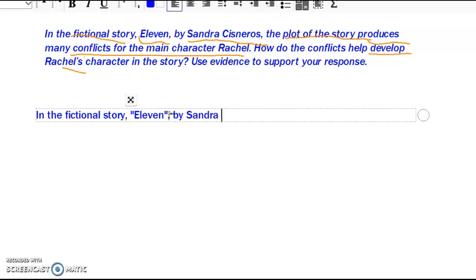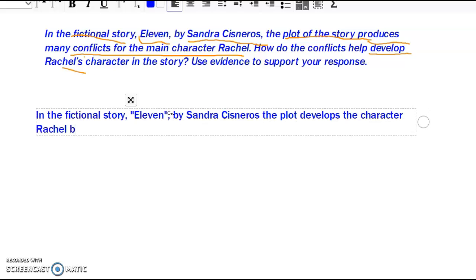By Sandra Cisneros. In the fictional story "11" by Sandra Cisneros, the plot develops our character, not our, we don't want to use pronouns, good catch, the character Rachel by introducing the audience to her internal and external conflicts.